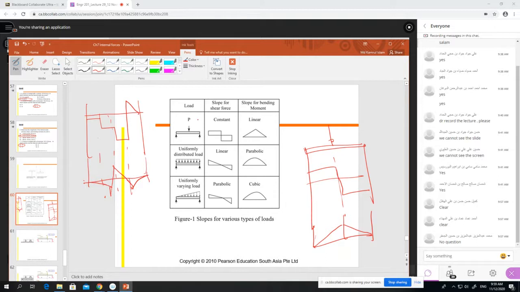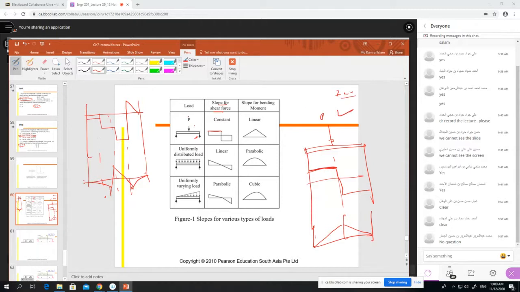Now there are some rules. If the load is like this, for example this one, then the slope for the shear force diagram is constant. It goes horizontally, so the slope is constant, or more clearly we can say zero slope.